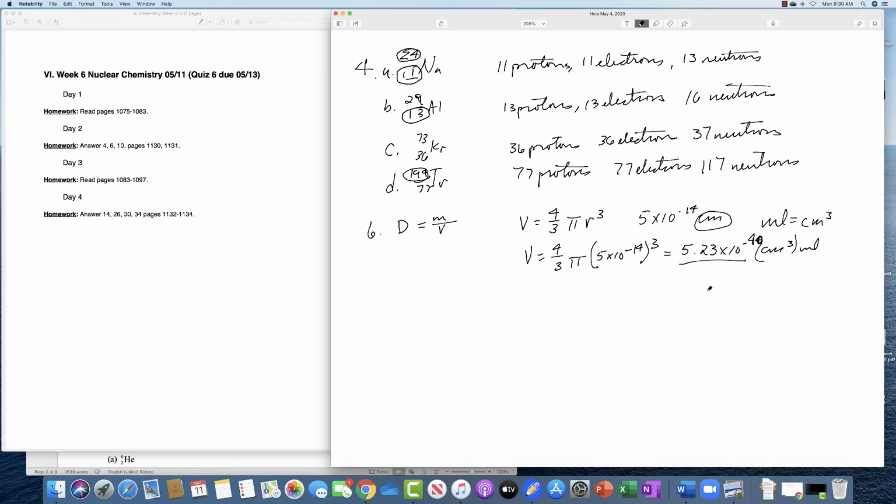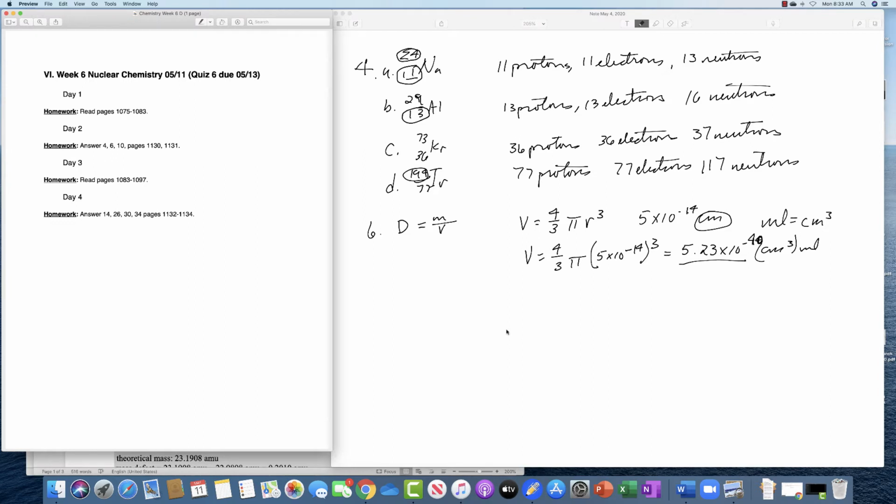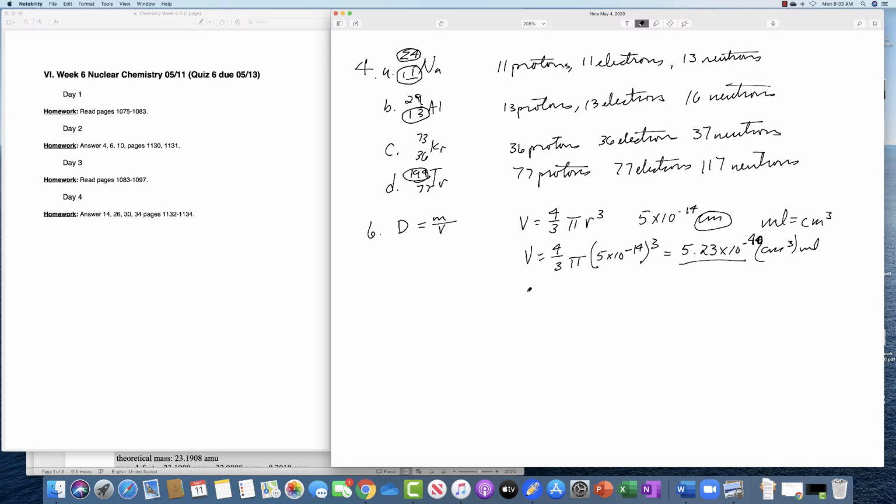Okay, so now what is the mass? The mass is found by knowing that, first of all, if you look up the atomic weight, you get 24.31 AMU, atomic mass units. So what is the conversion for that?